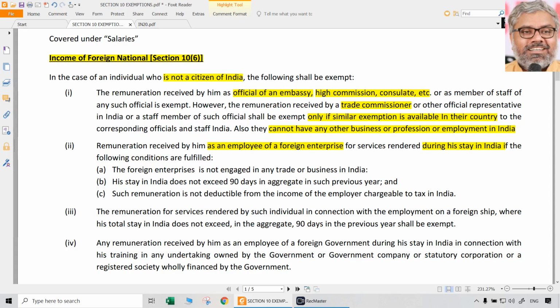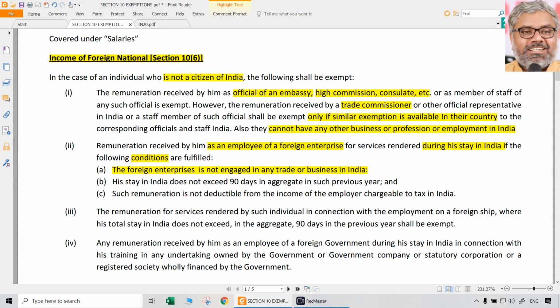With that logic, certain incomes received by them are exempt, of course, when the following conditions are fulfilled. What are the conditions? First condition is that the foreign enterprise is not engaged in any trade or business in India. So this is not for those people who are working for companies which are doing business in India. In other words, generally, when we say not for trade or not for business, it means mostly the charitable organizations.